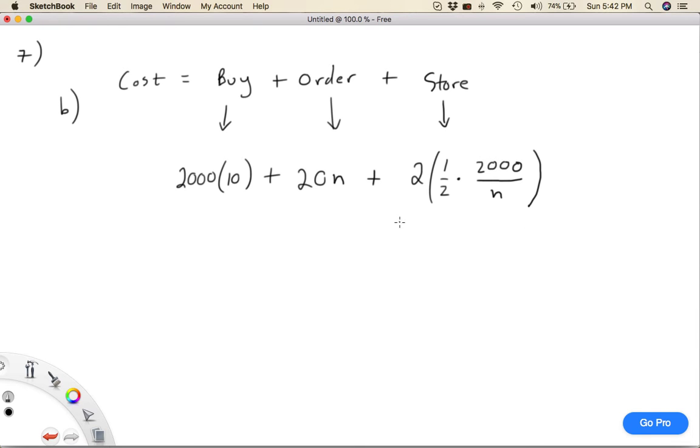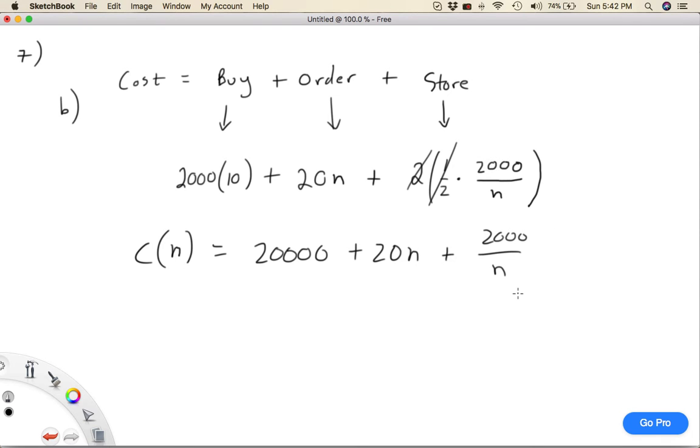Anyways, I think the 2 and the 1/2 cancel out. So you just get 2,000 over n. And so now our total cost function actually is a function. It's 20,000 plus 20n plus 2,000 divided by n.